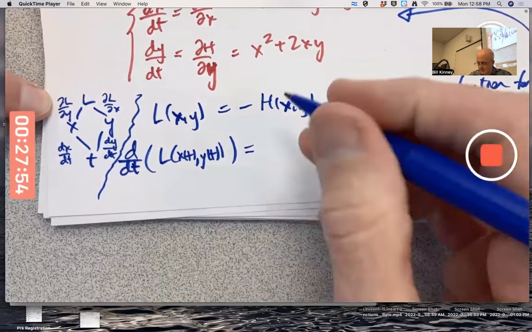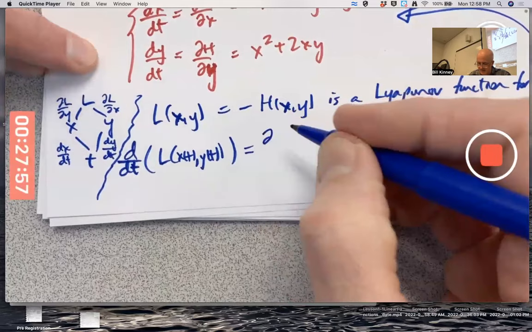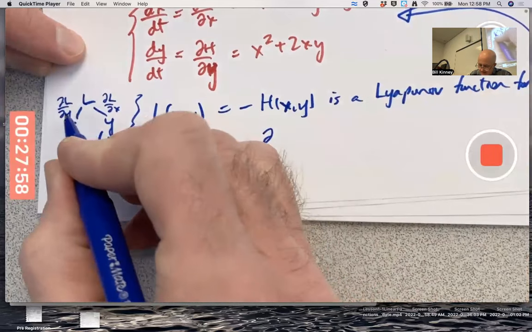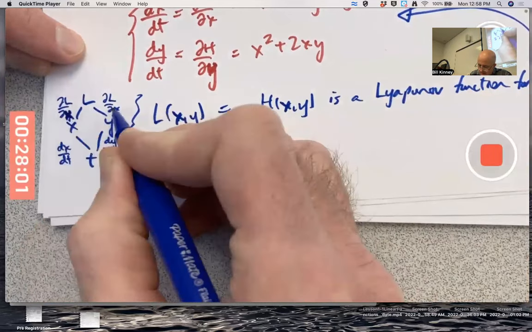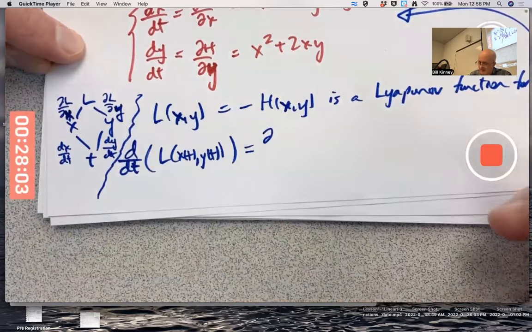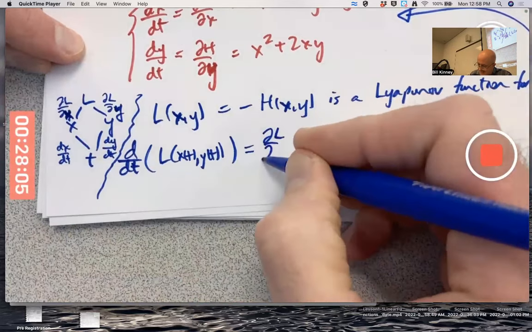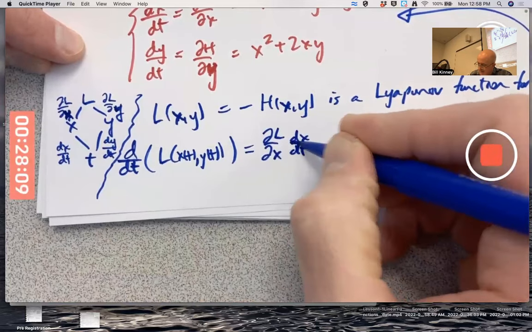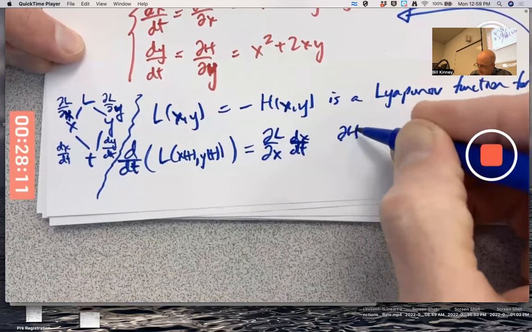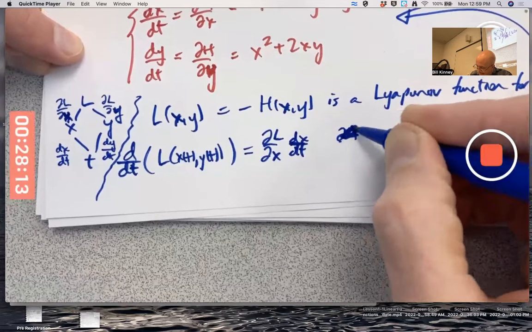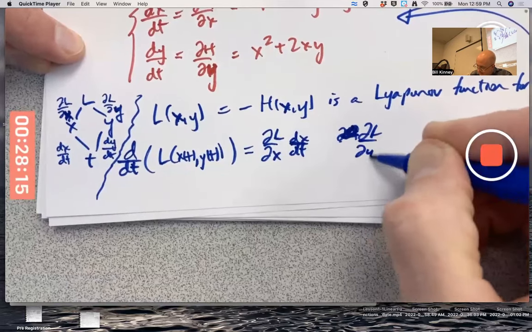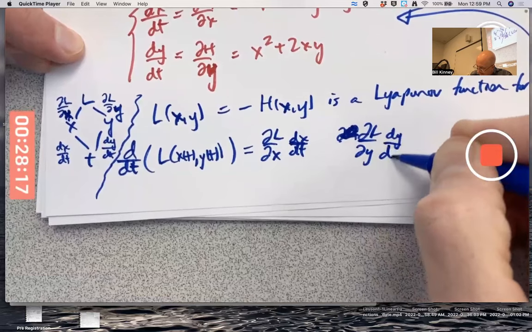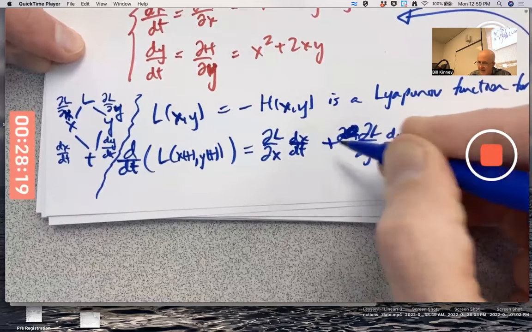So we take the partial of L with respect to x. Oops, I put these in the wrong order, didn't I? That's an x there, and this is a y. Take the partial of L with respect to x and multiply times the derivative of x with respect to t. Also take the partial of L with respect to y and multiply it times dy/dt, and then add the results.